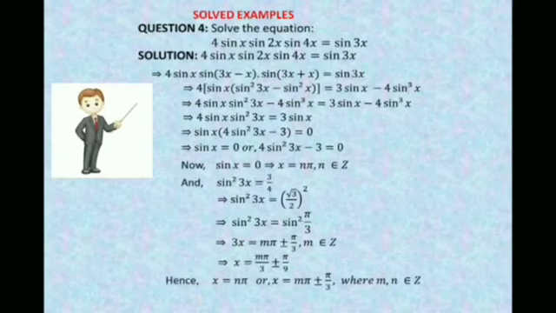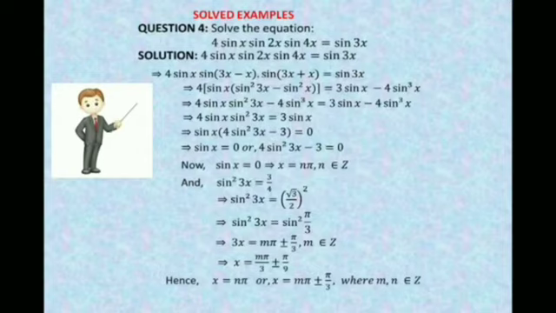So when sine x is 0, then x is an integral multiple of pi, that is n pi. When sine 3x is root under 3 by 2, then it is coming out to be 3x is equal to m pi plus minus pi by 3. Why?